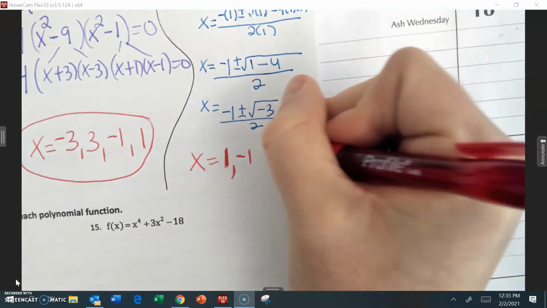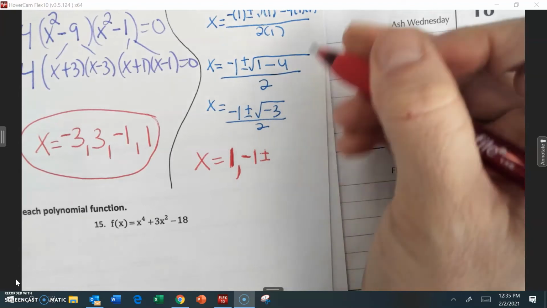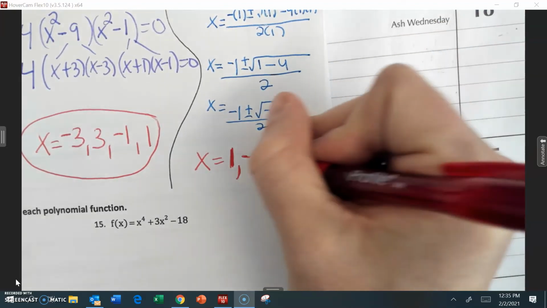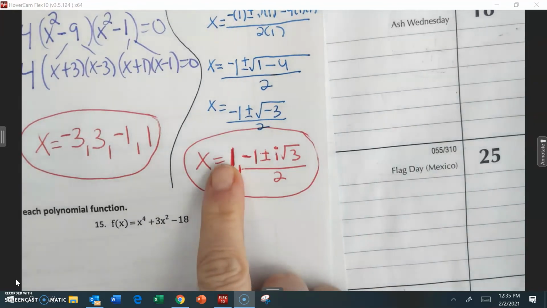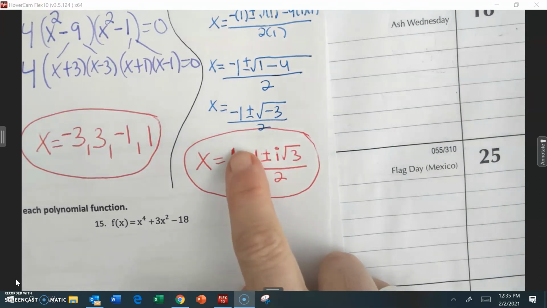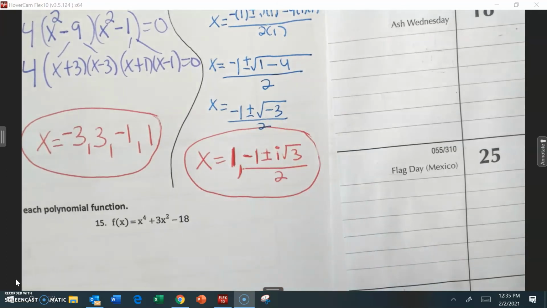So we're going to write this as negative 1 plus or minus the square root of negative 3, which, remember, would be written as i. Square root of negative 1 is i. Radical 3 all over 2. And there are 3 answers. You have one real one, and you have negative 1 plus i radical 3 over 2, and negative 1 minus i radical 3 over 2, and those are both imaginary.